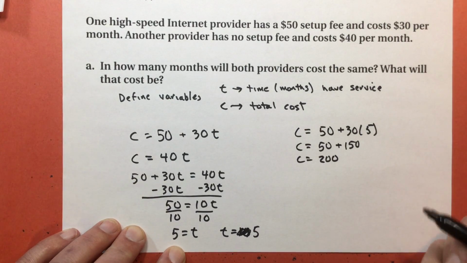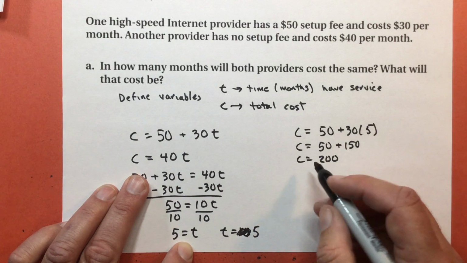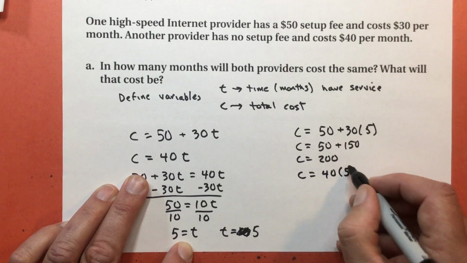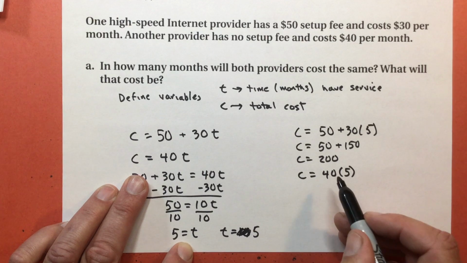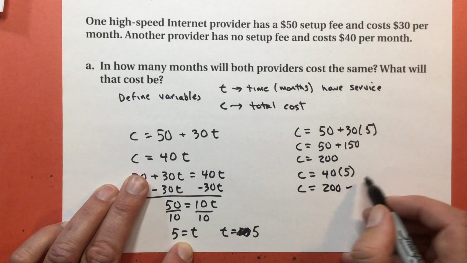Now, to check it, I'm going to use the other equation, c equals 40t. And 40 times 5, $40 plus $40 plus $40 plus $40 plus $40, that also equals 200. So those are the same.